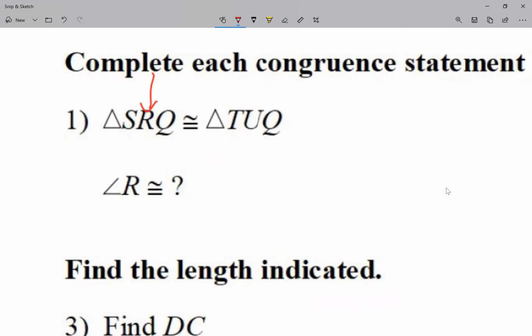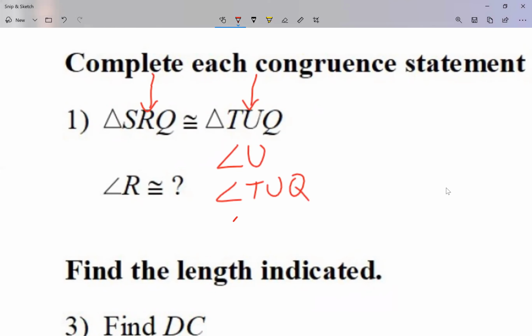So on the other side, I'm going to use the letter in the center. So I'm comparing angles. I'm going to say angle R is congruent to, I can call this either angle U, if I want to use just one letter, or I could call this angle TUQ, or angle QUT. I can use one letter or three letters.